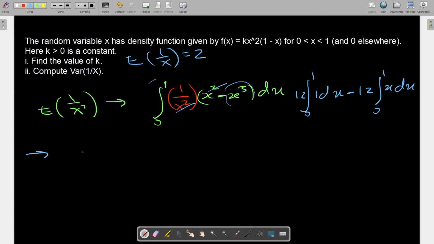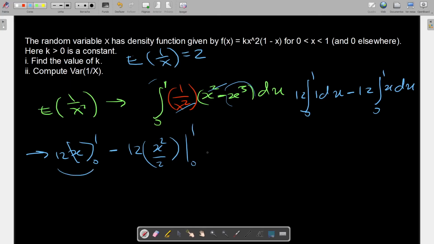So continuing on, we are now integrating the function. So integrating 1, we have 12 outside, x from 0 to 1, minus 12 again, and this guy is x squared divided by 2, again from 0 to 1.